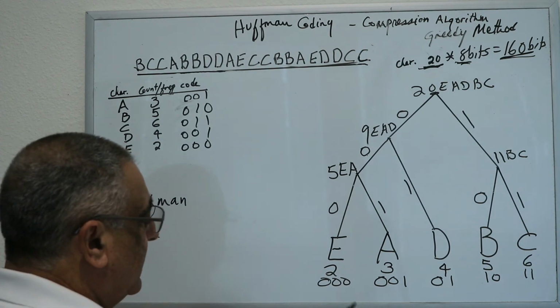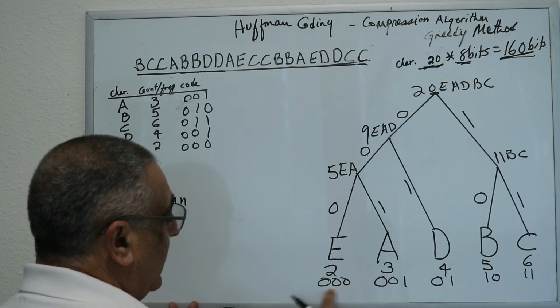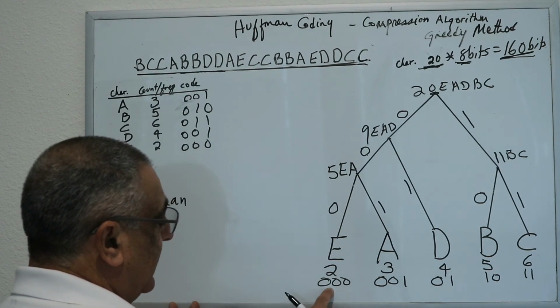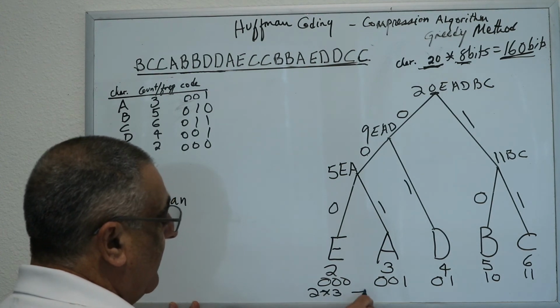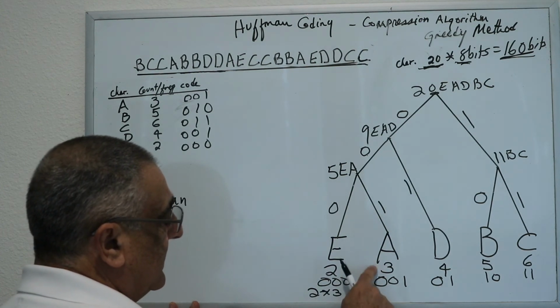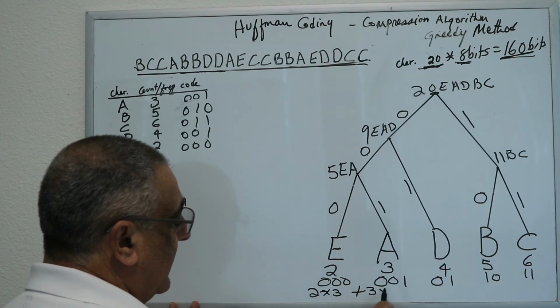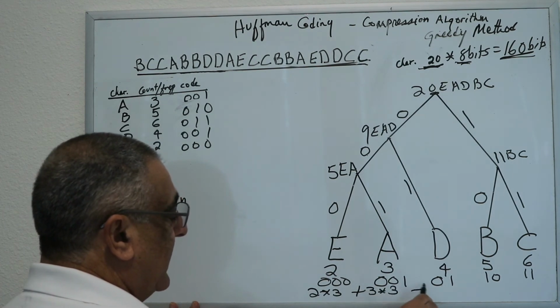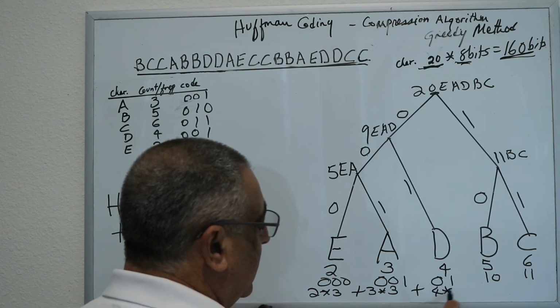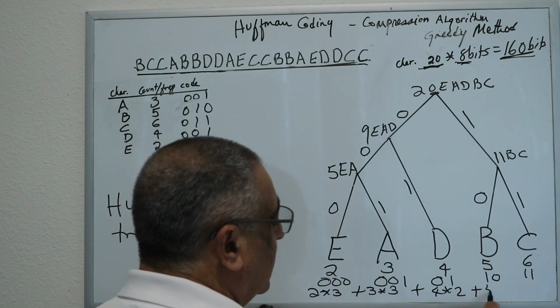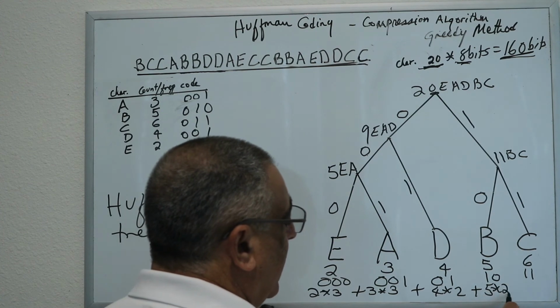Now, let's look at this. 3 bits for E, there are 2 of them, so it's 2 times 3, which is 6. Plus 3 bits for A, there are 3 of them, 3 times 3, which is 9. And this is 4 times 2, which is 8. And this is 5 times 2, which is 10.